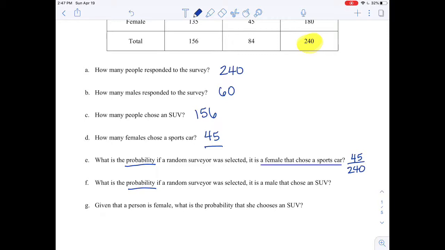Now, you're fine to leave your fraction as 45 over 240. You could reduce it if you want. If you want to see it as a decimal to get a better feel for the likelihood, this comes out to be 0.188, so roughly 19% of people who responded to this survey were females that chose a sports car.